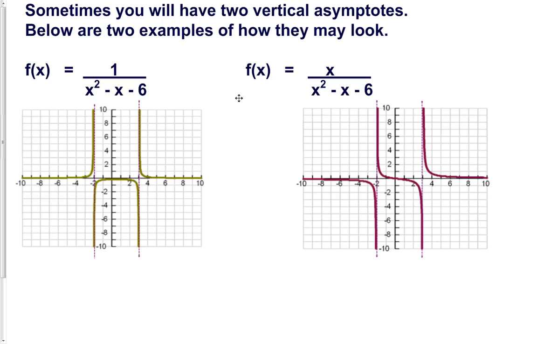On this last page here, this is not in your notes, by the way, I just included a couple examples of things you might run into. You're not only going to have one vertical asymptote in every problem. So here's a couple examples where there are two. Notice that they don't always behave in the same way.